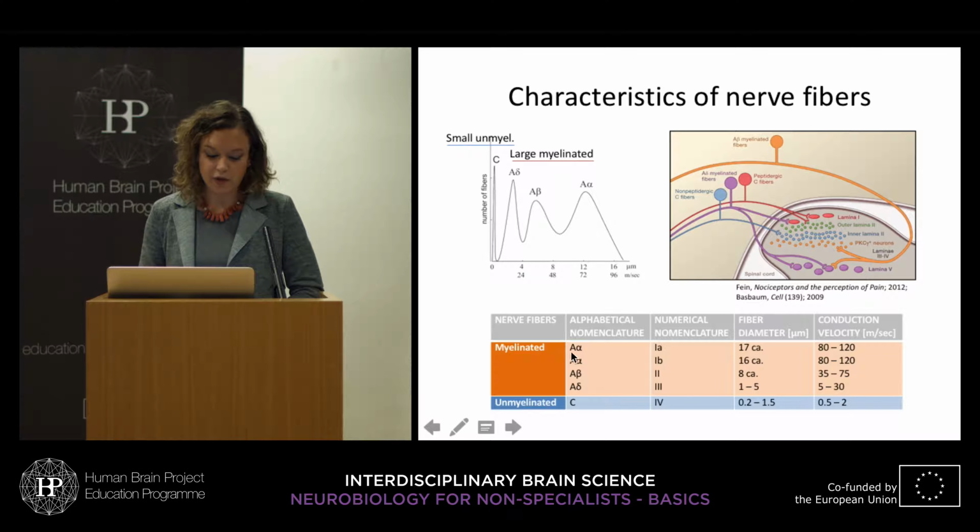In the first class, we find A alpha, A beta, and A delta fibers. As you can see, they have a diameter that varies from 17 micrometers to 1 to 5 micrometers. And in the second class, we have C fibers, the unmyelinated small fibers, because as you can see here, the diameter varies from 0.2 to 1.5 micrometers.